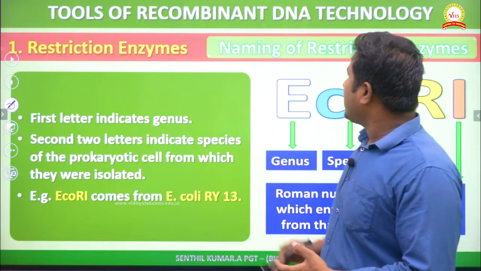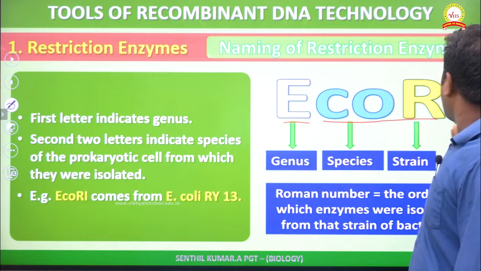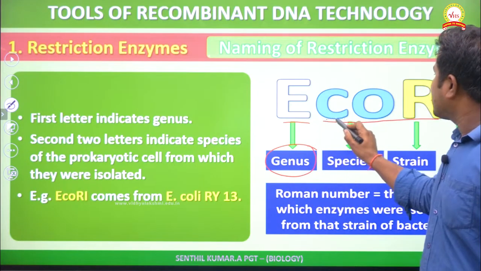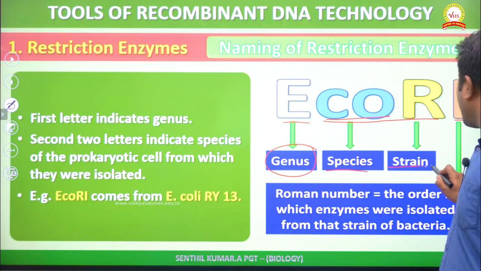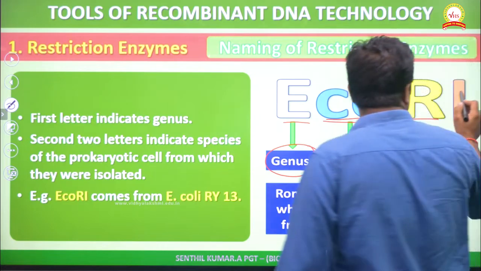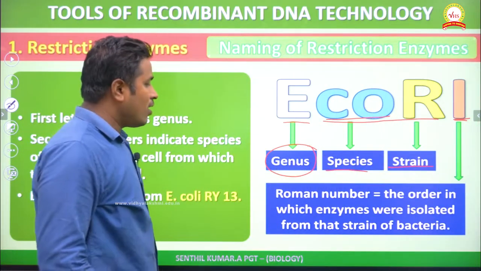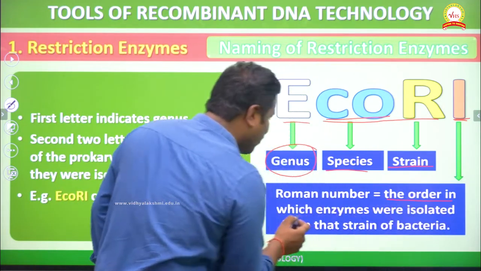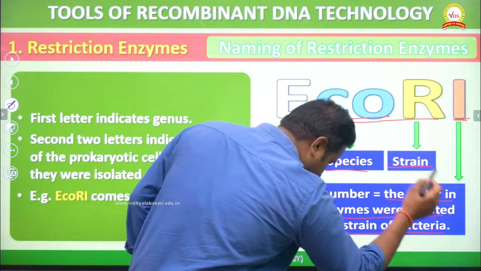Let us see an example, EcoRI. The E is nothing but the genus name, the co is the species, R is the strain, and the I is a Roman numeral. The Roman numeral indicates the order in which the enzymes were isolated from the strain of the bacteria.